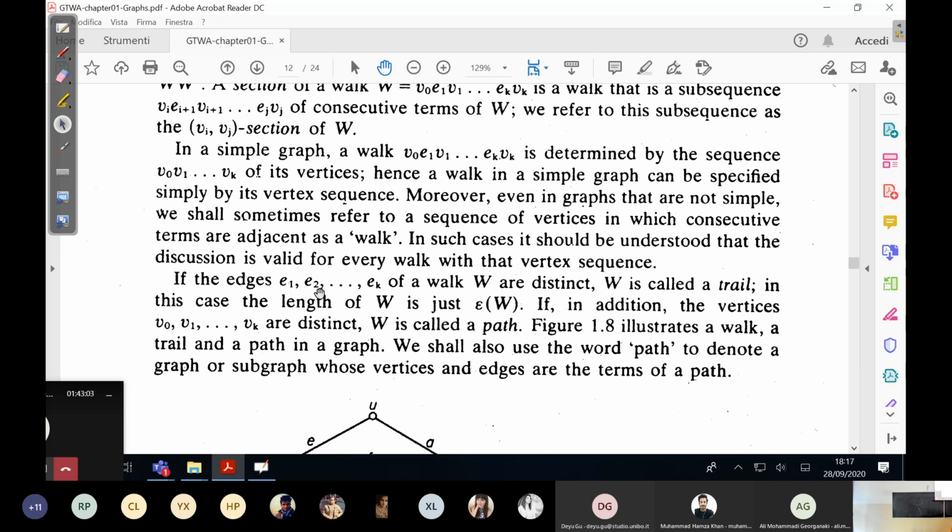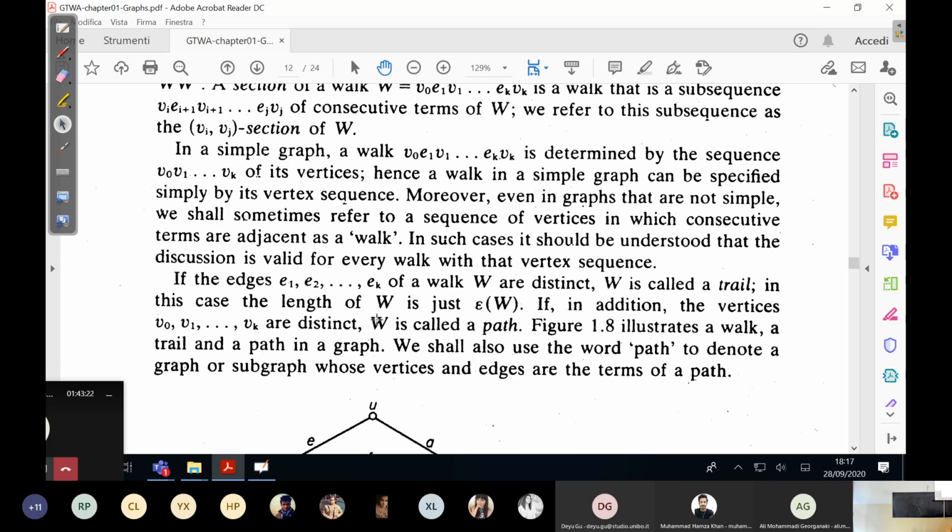Walks in which the edges which appear in the sequence are distinct are called trails. So a trail is a walk with no repetition of edges, okay? But you might have that you go through the same vertex more than once, okay?